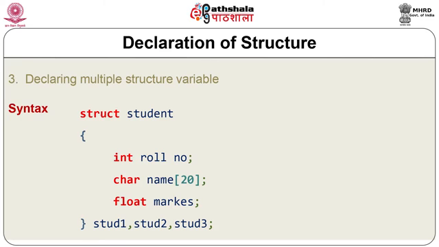Roll number is an integer, name of the student is a character, and marks of the student is a float. Outside the curly bracket, we are using student 1, student 2 and student 3. The information of student 1, student 2 and student 3 can be inputted in this format.